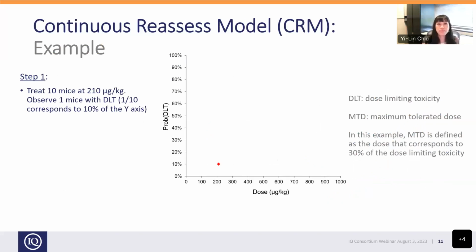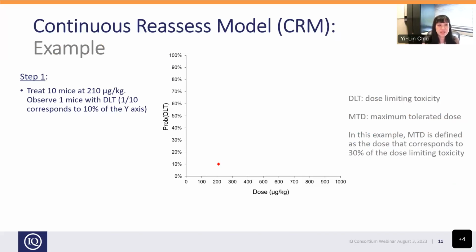And so I will demonstrate an example. Hopefully this will be easily understood without much statistical notation. Step one, this is just an example. We can treat 10 mice, conservatively, at 210 microgram per kg.